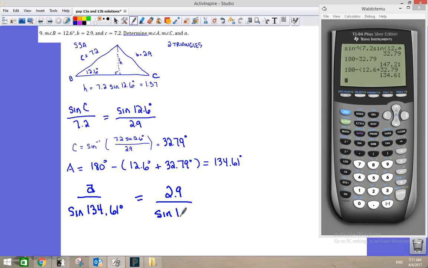I always try to use the given rather than what I've calculated in case for some reason I have an error in my previous calculations, that hopefully it wouldn't follow through, but it probably would. So don't forget to close that parenthesis and then divide by the sine of 12.6. So this length, at least rounded to 2 decimals, is 94.64. So there's one answer.